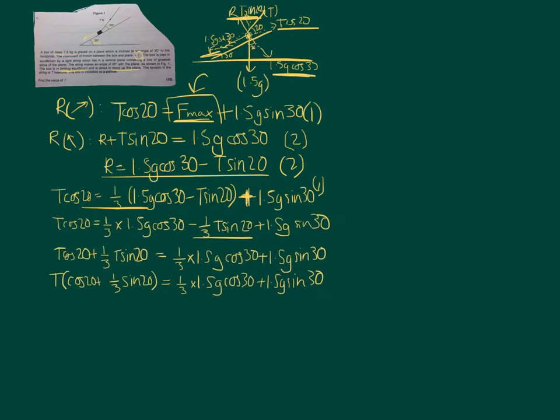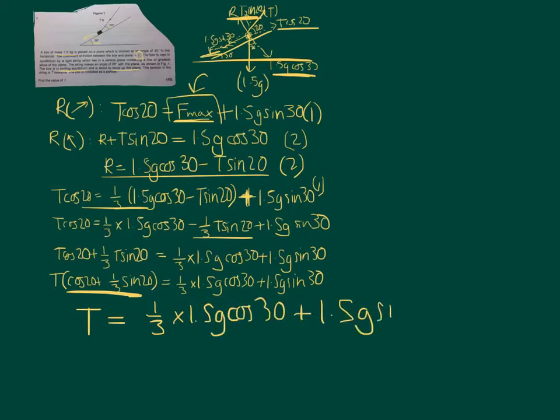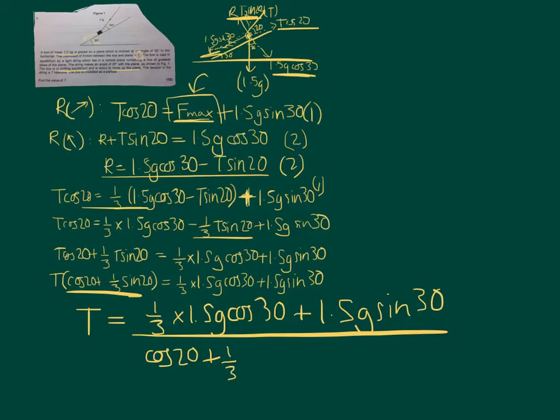Okay, so now we can just divide both sides by this, and we'll get T equals 1/3 times 1.5 g cos 30 plus 1.5 g sine 30, all over cos 20 plus a third sine 20. And when you put this on your calculator, you get 11 newtons to 2 significant figures.